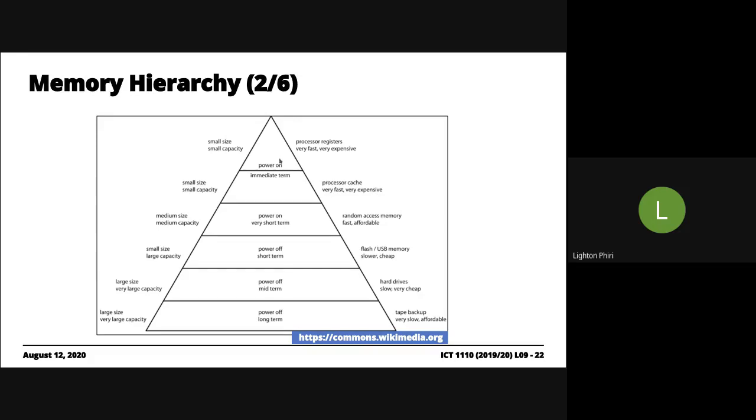As we move down this pyramid, you retain the contents of the memory component irrespective of whether power is switched on. This is mostly applicable to secondary storage.